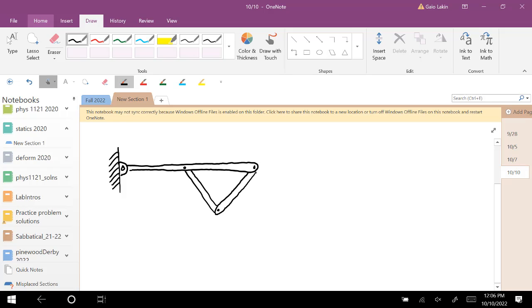And that's supposed to be an equilateral triangle, so all those angles are 60 degrees.